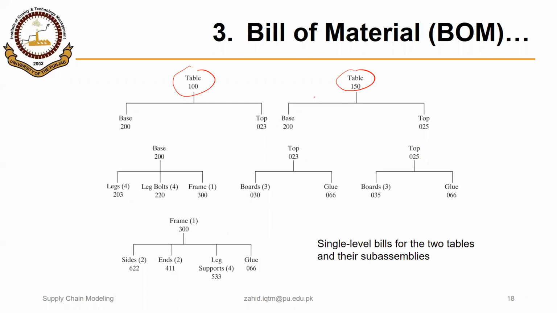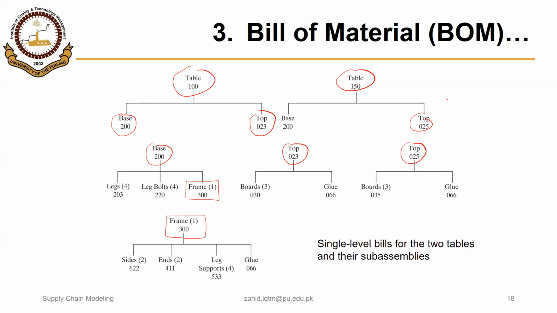But instead of storing the information as multi-level bill of material, we are storing it as single level bill of material. So we are showing just the immediate sub-assemblies for table 100. Then each of these sub-assemblies has a different single level bill of material, and each sub-assembly of these sub-assemblies has another single level bill of material, and so on.